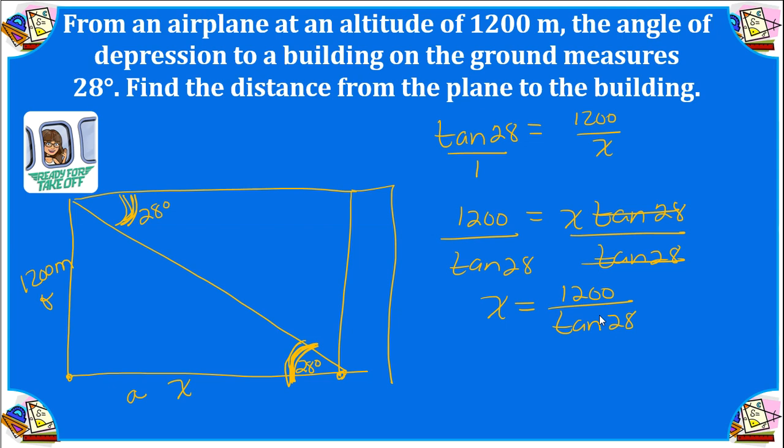Divided by tangent of 28 degrees is 2,256, about 0.9, and that's meters. So I got 2,256.9 meters. Okay.